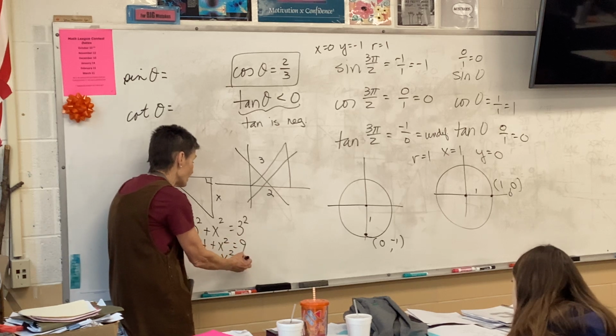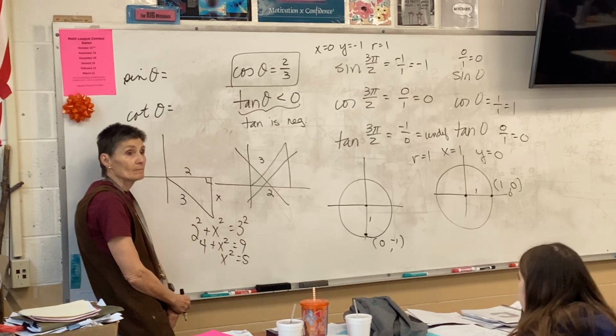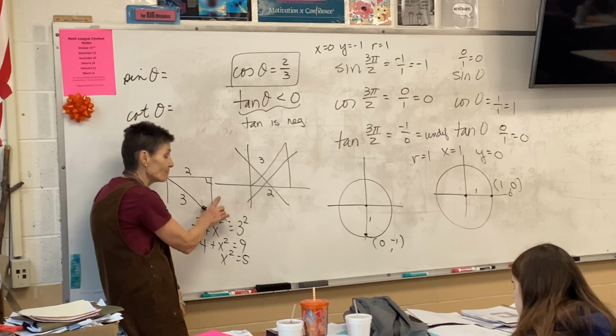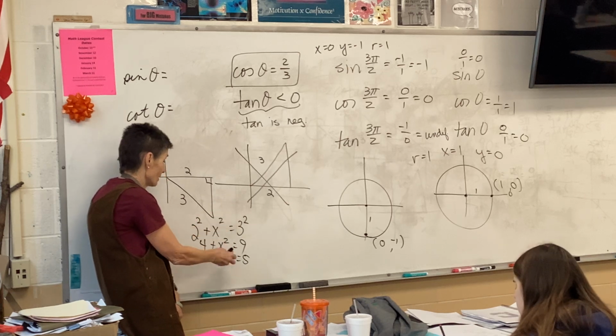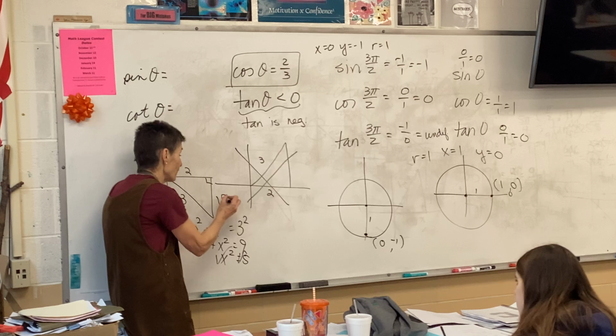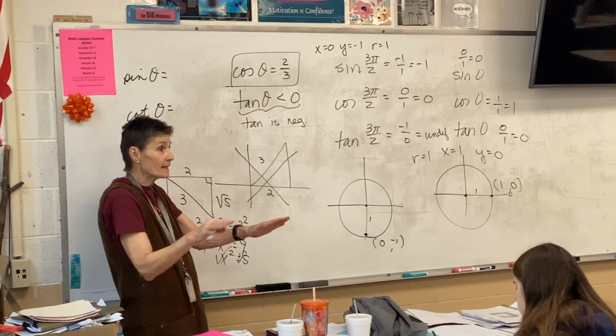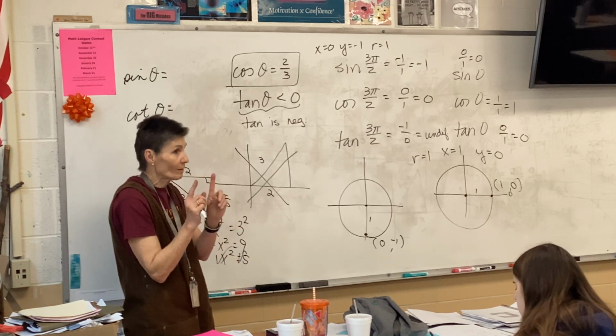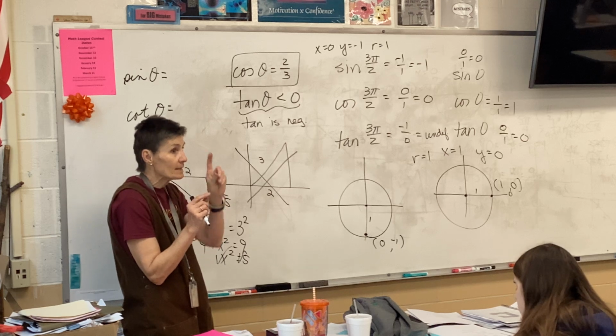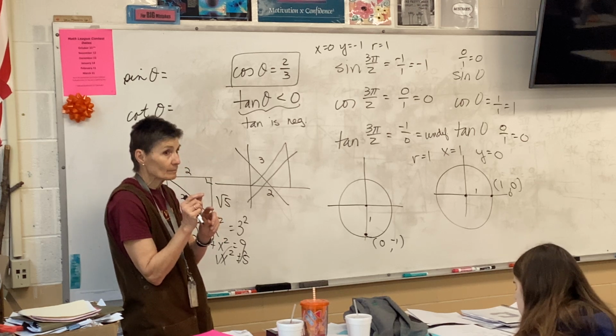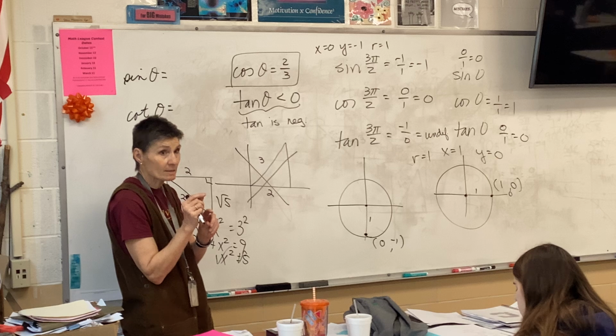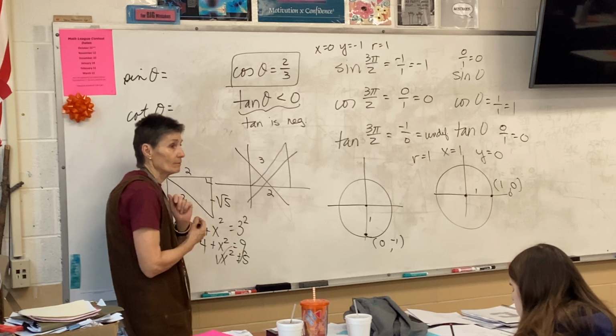It looks like x squared equals 5. So what's this? Root 5. But again, be careful. Look where it is. Isn't it negative root 5? Look where it is. Negative root 5.